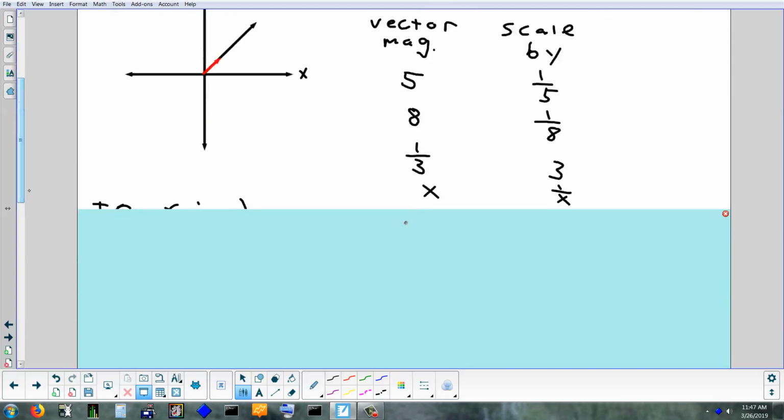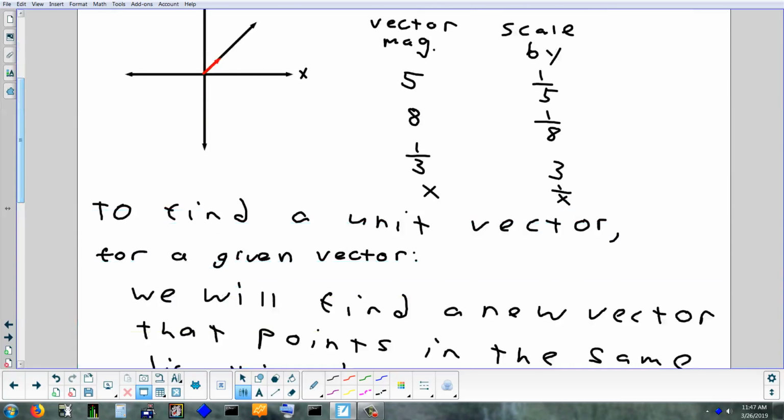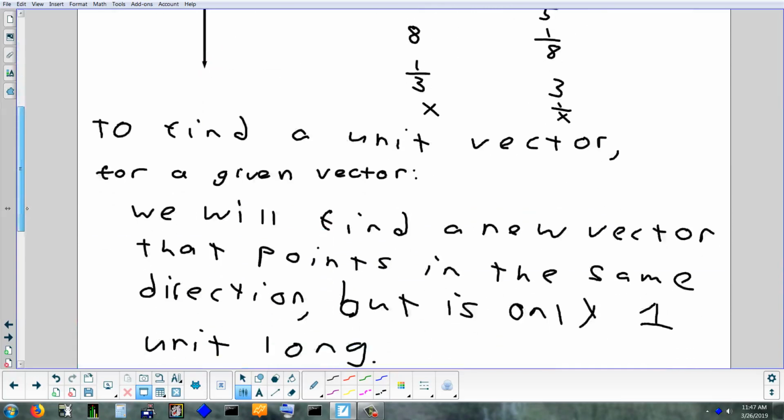Let's just put that into a formula. All right, so when we're finding a unit vector, all you're doing is taking a vector you already have and making it a little bit shorter or a little bit longer to make it exactly 1 unit. You're not changing the direction. You're just taking a vector and making it a little longer or a little shorter to force it to be 1 unit, but it still points the same way.